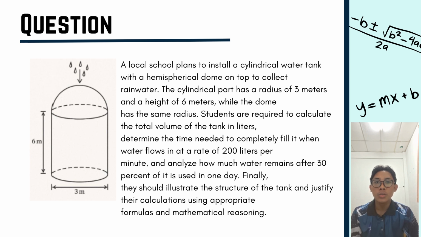Students are required to calculate the total volume of the tank in liters, determine the time needed to completely fill it when the water flows at a rate of 200 liters per minute, and analyze how much water remains after 30% of it is used in one day. Finally, they should illustrate the structure of the tank and justify their calculation using appropriate formulas and mathematical reasoning.